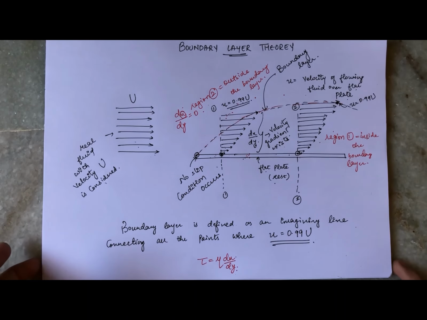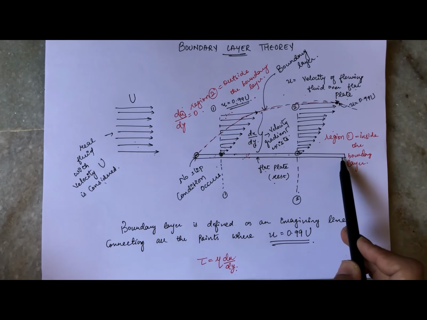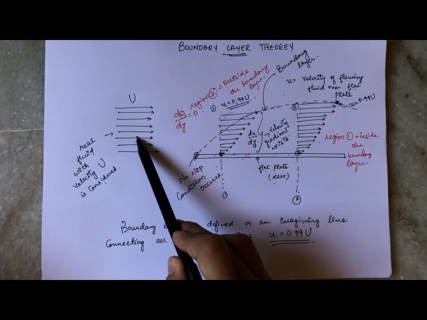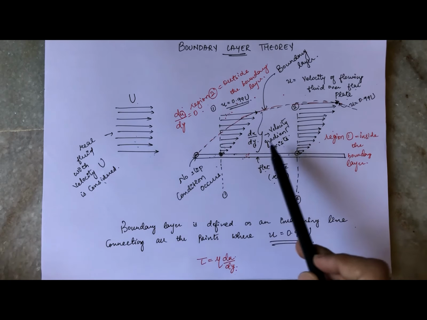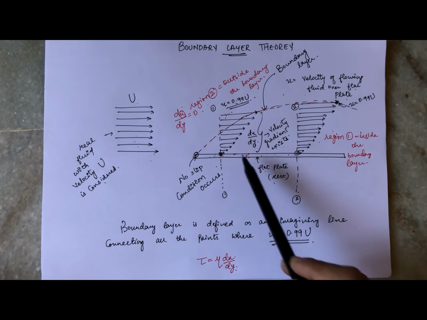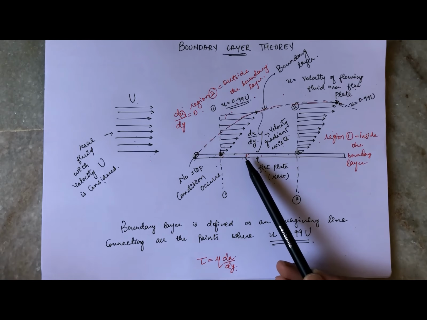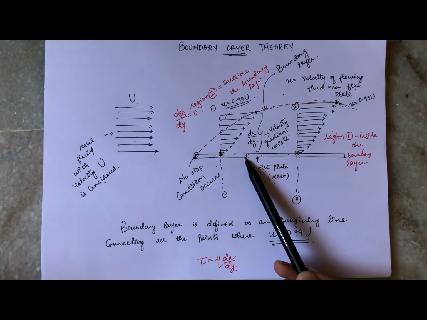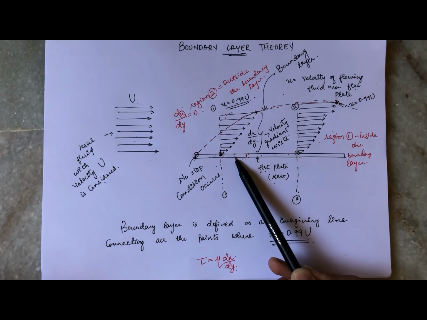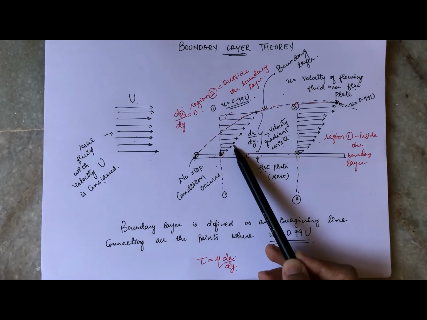Let me quickly repeat the entire concept. If you consider a flat plate kept stationary, and a fluid with a free stream velocity capital U is flowing over it, then at the boundary of the flat plate the velocity of the flowing fluid will be 0, because the plate is at rest. But as it is a case of real fluid, the viscosity will exist, and the solid flat plate will impart some resistive force over the fluid, as a result of which the velocity of the fluid will get retarded.